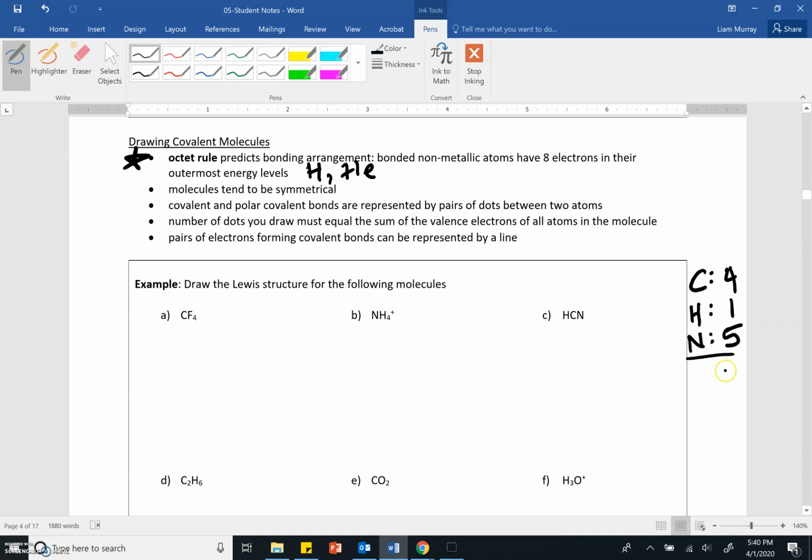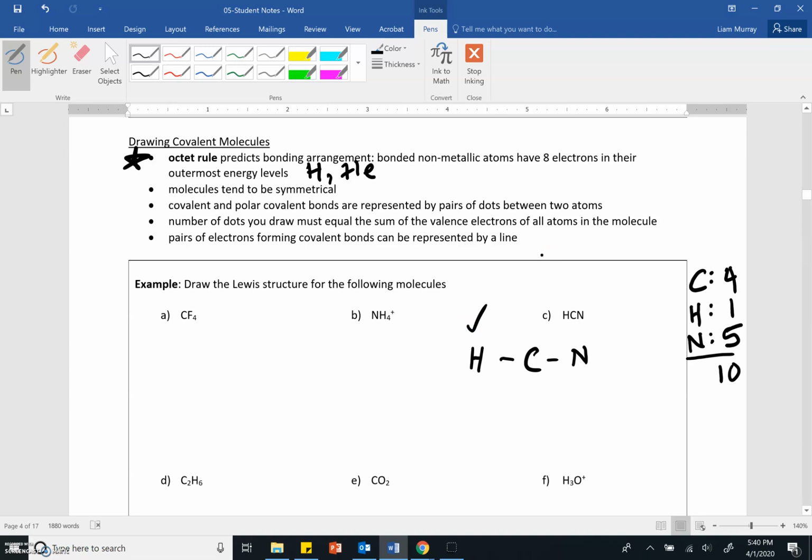So we have a total of 10 valence electrons to work with. We know that we have carbon in our molecule, so that's going to be our central atom. So we're going to draw carbon, and we're going to bond our other 2 atoms, hydrogen and nitrogen, to that. Hydrogen can contain a maximum of 2 valence electrons, so our hydrogen is happy.